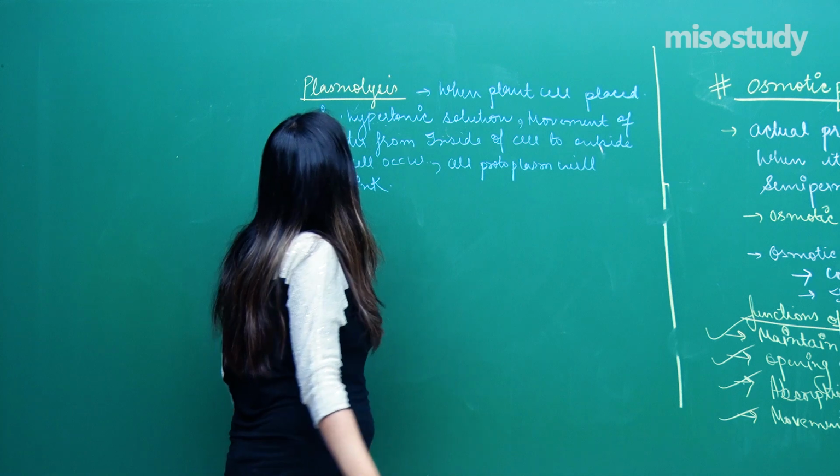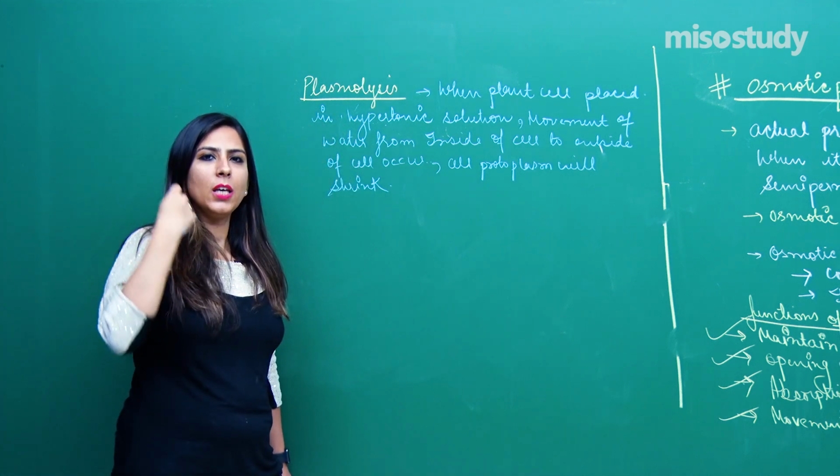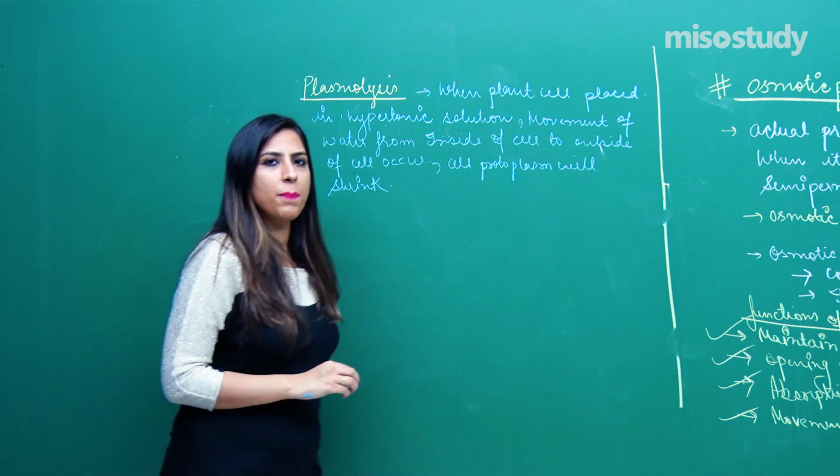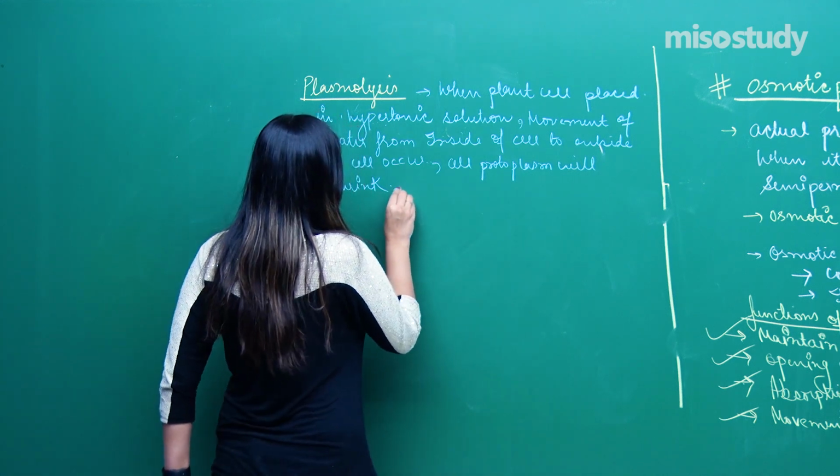And when this plasmolysis keeps on going, the last stage will come, due to which the plant cell will die.